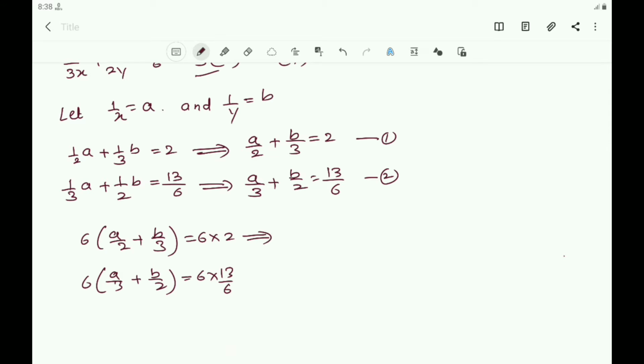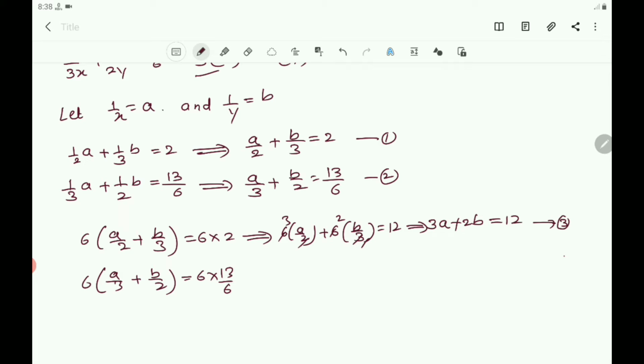Then multiply each term by 6. That is 6 into a/2 plus 6 into b/3 equals 12. That becomes 3a plus 2b equals 12. Consider this as the third equation.